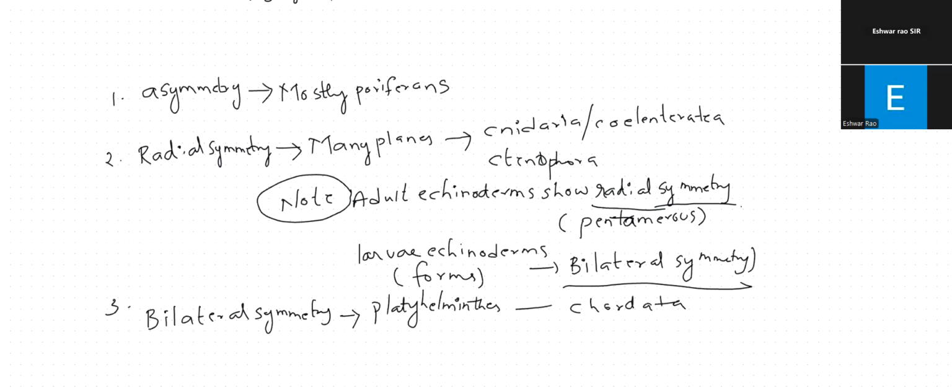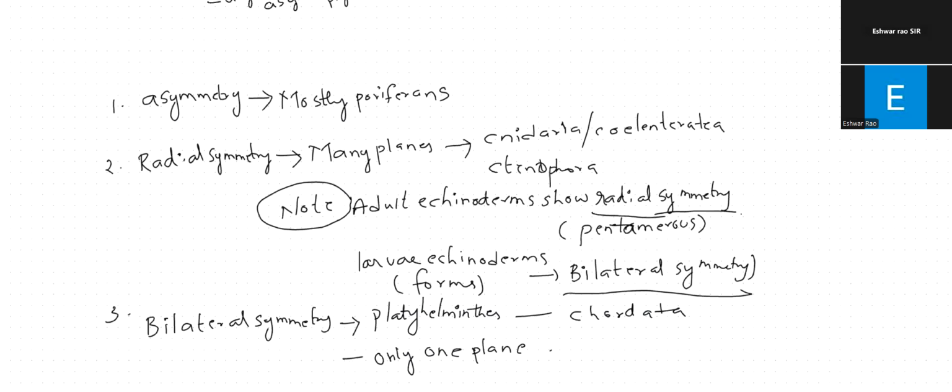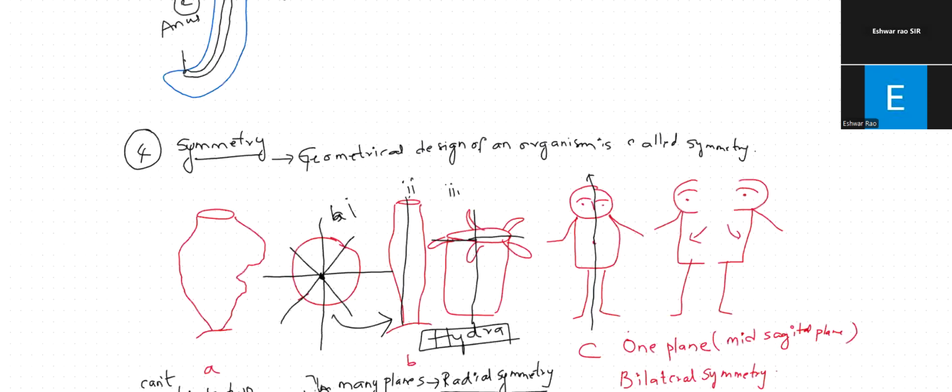And here, how many planes? Only one plane. That's about the fourth characteristic feature, symmetry.